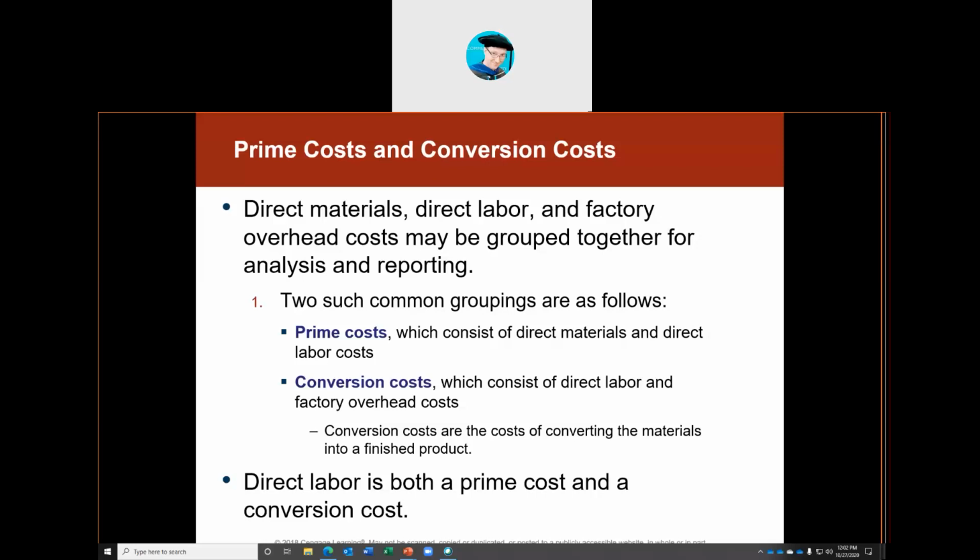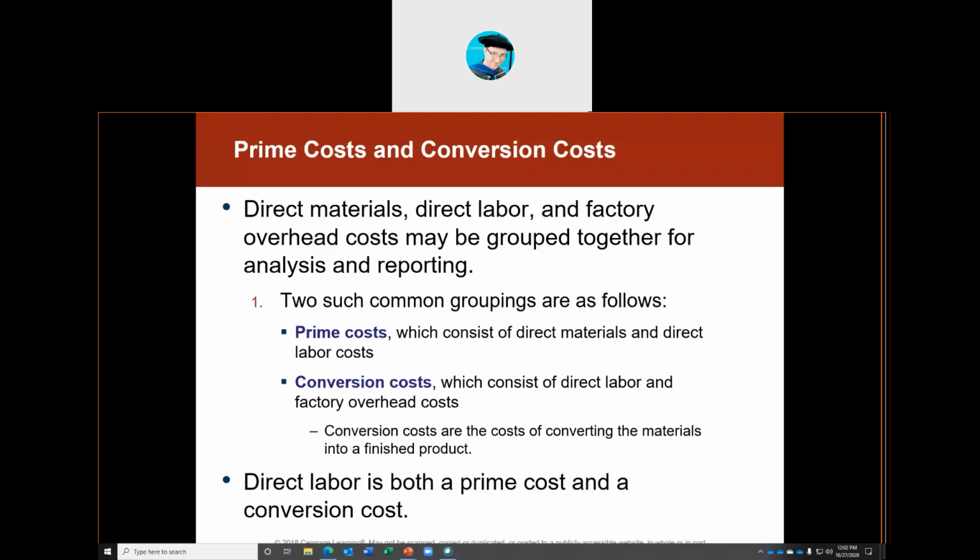If you think about the manufacturing process, we take our raw materials, we move those into work in process, which is the assembly process. This is the actual manufacturing process on the assembly line. We converted it from raw materials to work in process.